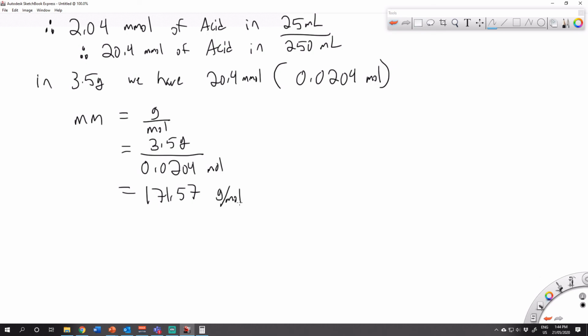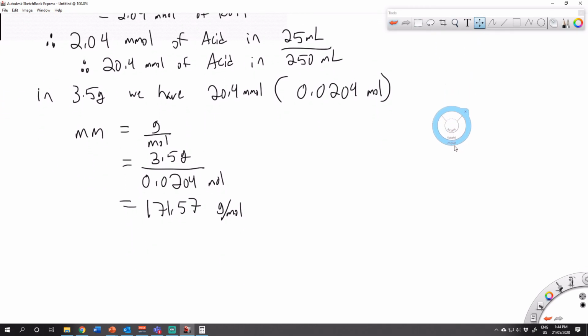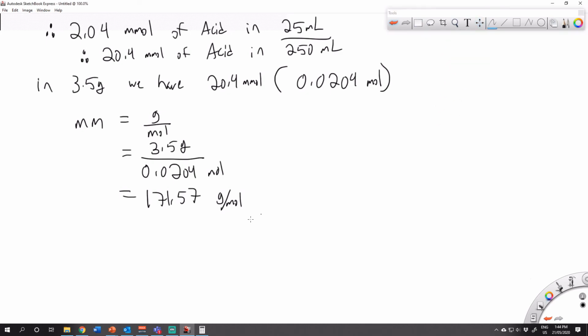Now, I should only have two significant figures, but in this context, it doesn't make sense to round off to two significant figures given the nature of what we are calculating. If I wanted to identify this acid, I would look for acids that had molar masses of around 171 and see which one is monoprotic, and then we could assume that's probably the most likely acid we're dealing with. There you go.